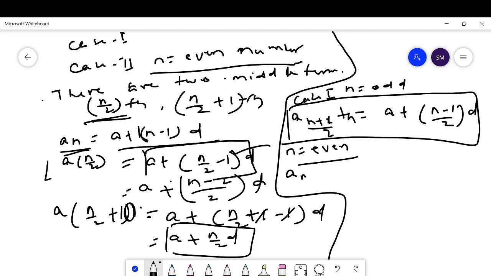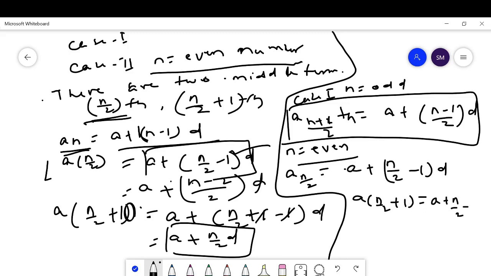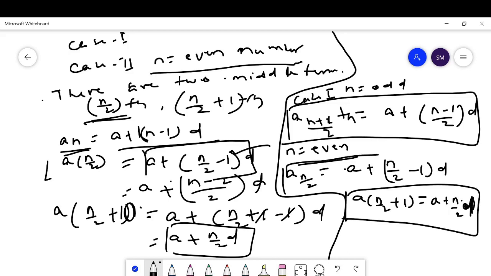The first middle term is the n by 2 term, a plus n by 2 minus 1 into d. The second middle term is the n by 2 plus 1 term, which equals a plus n by 2 into d. When n is even, we get two middle terms, first is this, second is this.